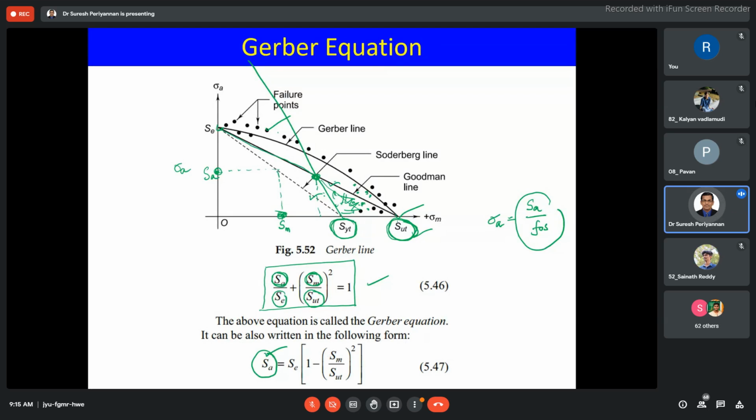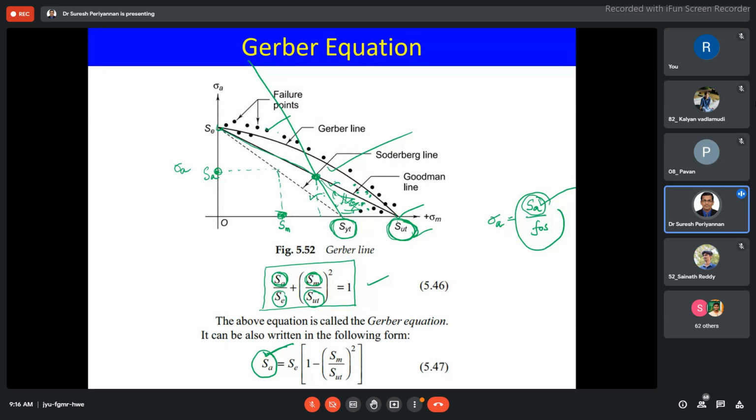Then, if the actual practical stress amplitude we apply is less than the SCA, the component life will be more. That's what we use Gerber theory for: defining the dimension of the component.